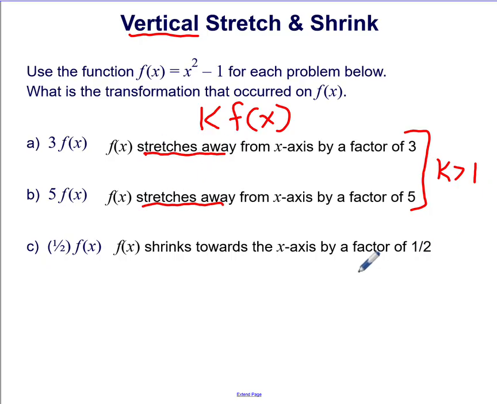But if k is between 0 and 1, then we say f of x shrinks towards the x-axis. So once again, the factor k multiplied by the function indicates there's a vertical stretch and shrink. If k is greater than 1, the function will stretch away from the x-axis. If k is between 0 and 1, the function will shrink towards the x-axis.